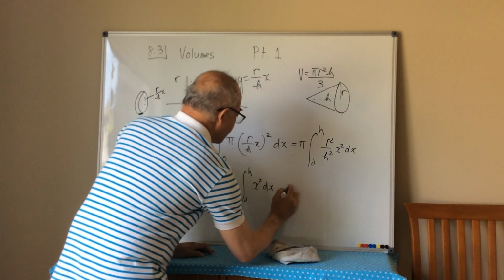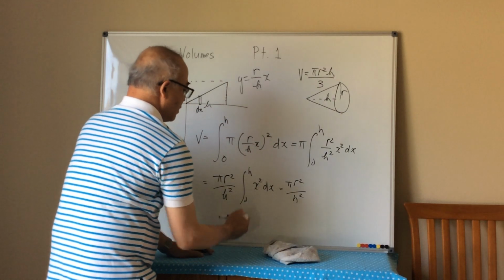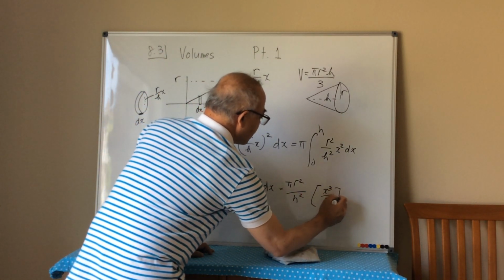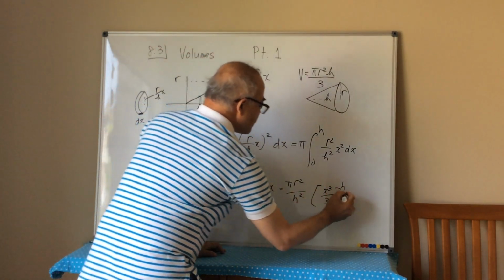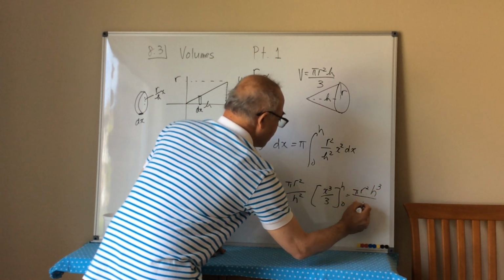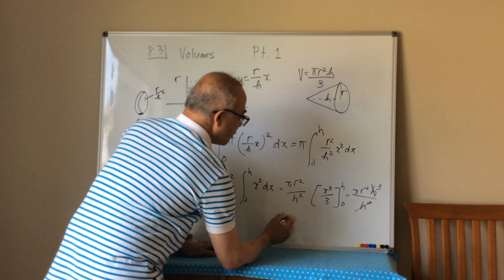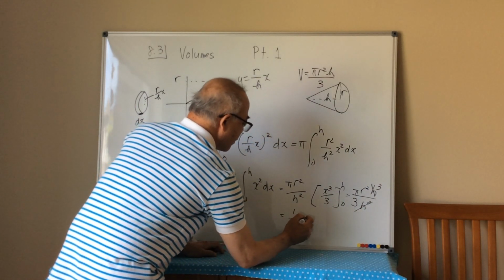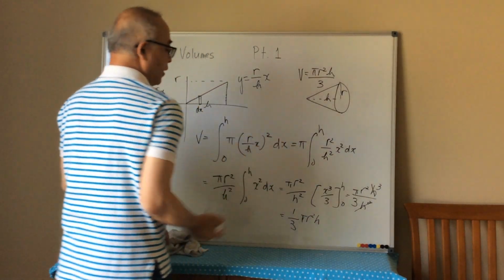Taking the integration, I get x to the 3rd over 3, from 0 to h. So this becomes pi r squared, h cubed over h squared. The h's cancel out. I forgot the 1/3 there. 1/3 pi r squared h, which is what I'm supposed to get.